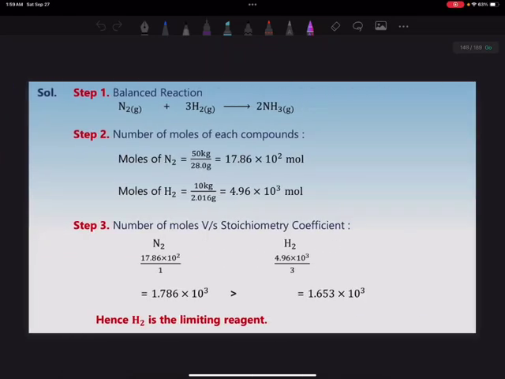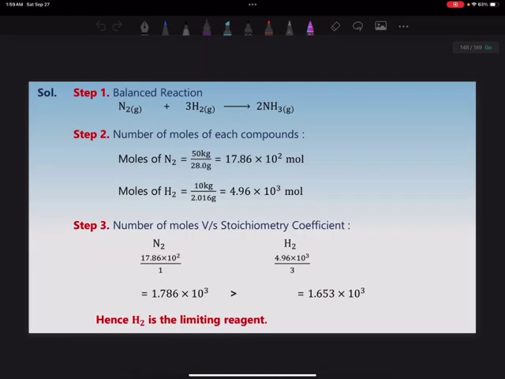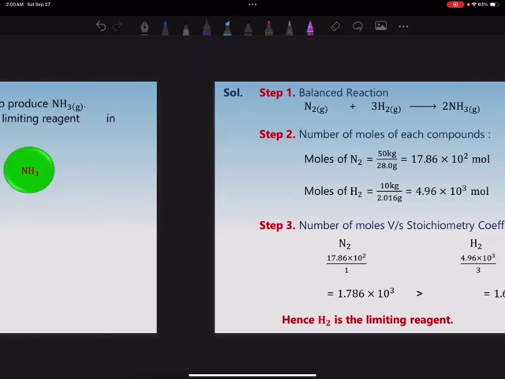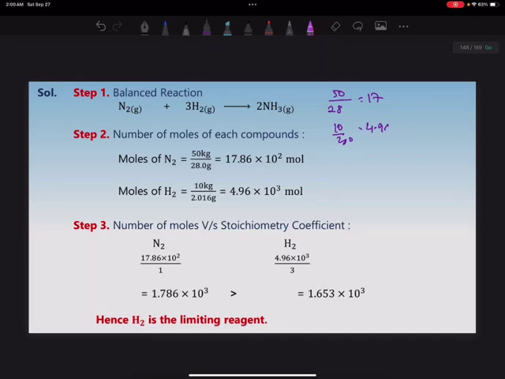The question given here is 50 kg of nitrogen and 10 kg of hydrogen are mixed together. Calculate the amount of moles. So they have given us 50 kg of nitrogen. So 50 upon 28 gives you 1.7. While for hydrogen, they have given us 10 by 2 equals 4.96.